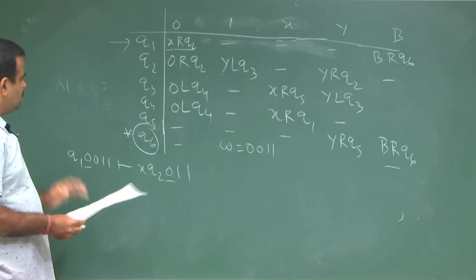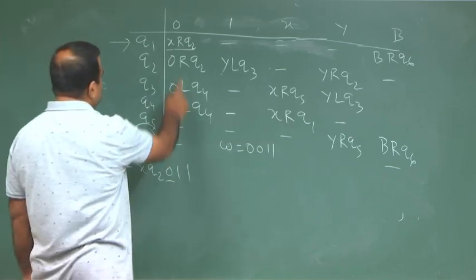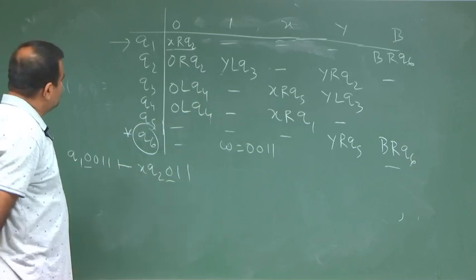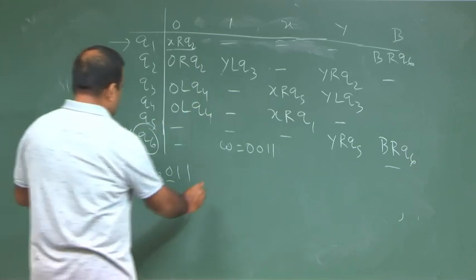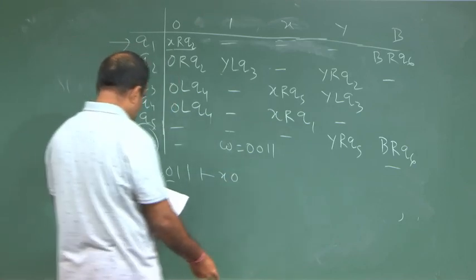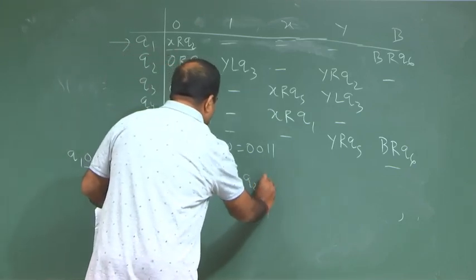Now again q2 with 0, it will go to the right, and 0 will be replaced by 0. So x 0, and this will be q2 again, 1 1.